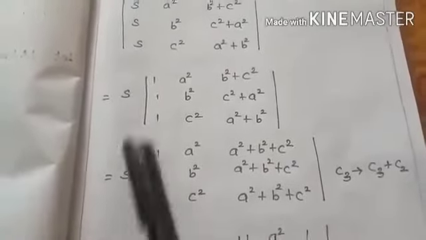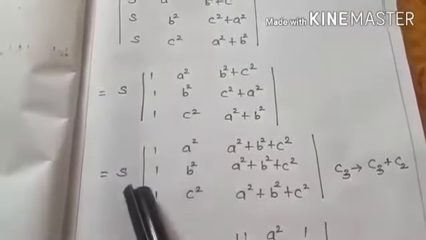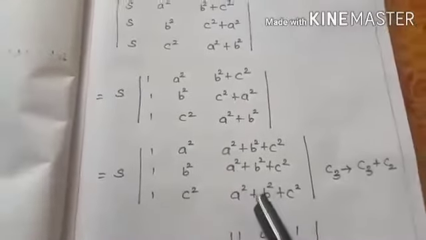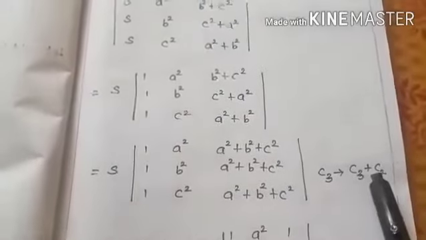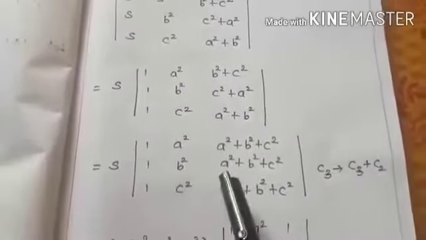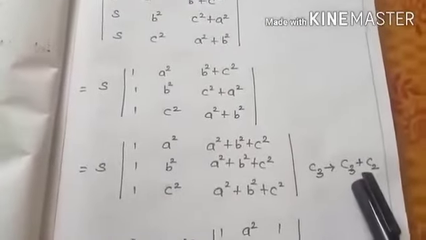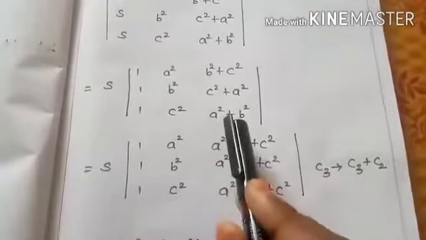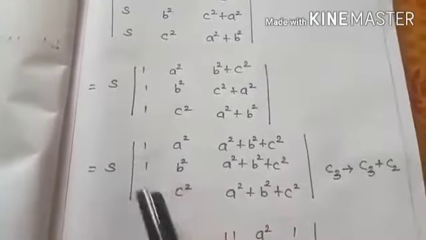the determinant. There is no change in the first column and second column. Third column: C3 tends to C3 plus C2, that is, we are adding C2 and C3. So the first column is as it is, 1, 1, 1.